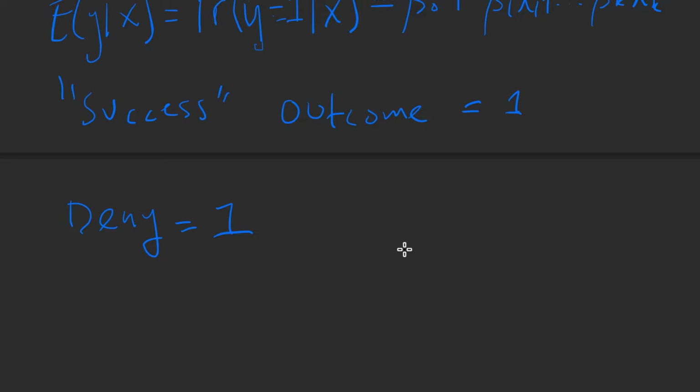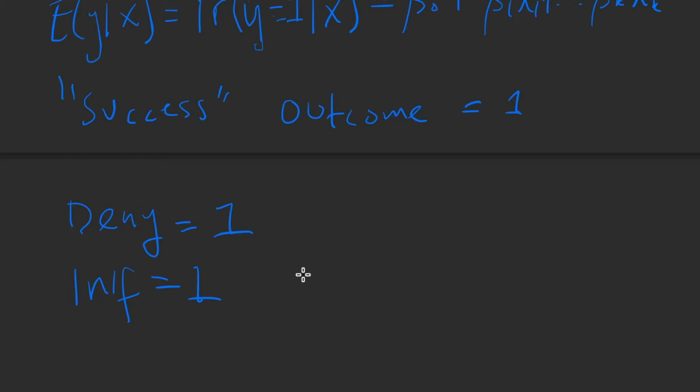So this just implies that the observation belongs to the group under consideration. Other examples might be LF equals 1, where we're looking at in the labor force equals 1 if the individual is in the labor force and 0 otherwise. In that case, success might be a good outcome. Or maybe it's a bad outcome. Maybe you don't want to be in the labor force. That's up to you.